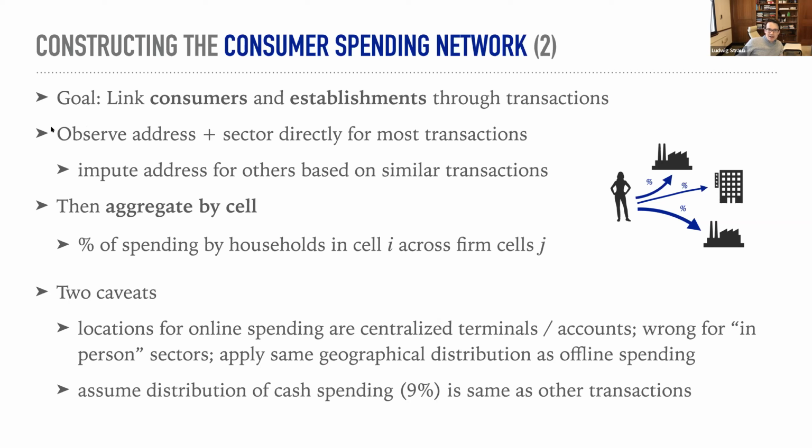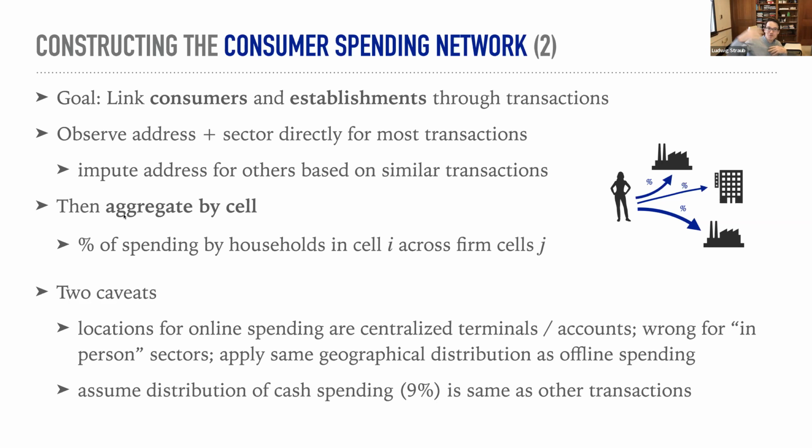We then look at what customers in a given household cell are spending on across firm cells, and that gives us a distribution for every household cell across all firm cells in the economy in terms of how much, on average, they're spending of their money in that firm cell. There are two caveats to this measurement. First, some locations where a specific transaction is booked are not the location where the good or service is actually consumed.